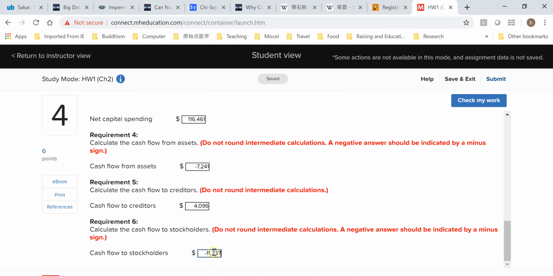This negative means that on net, over that period, stockholders pay the firm, perhaps due to the firm issuing more new stock, and that's the driving force which makes the cash flow from assets negative, because the cash flow to creditors is positive. This means that over that period of time, the firm is paying its creditors on net rather than collecting money from the creditors. So that's question number 4.